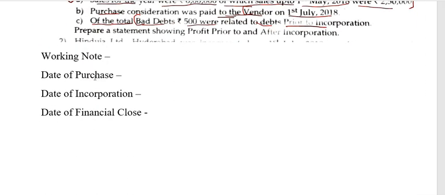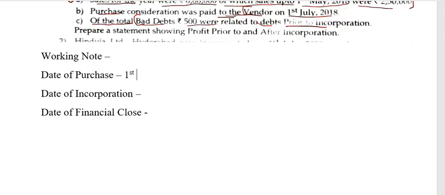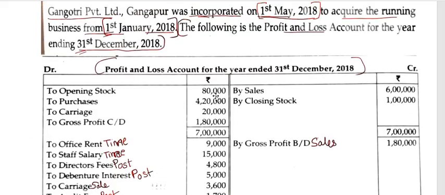So in the purchase date you will write 1st Jan 2018. Okay, so purchase date was 1st Jan 2018.